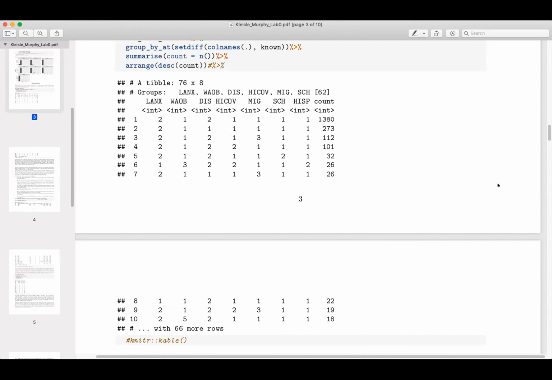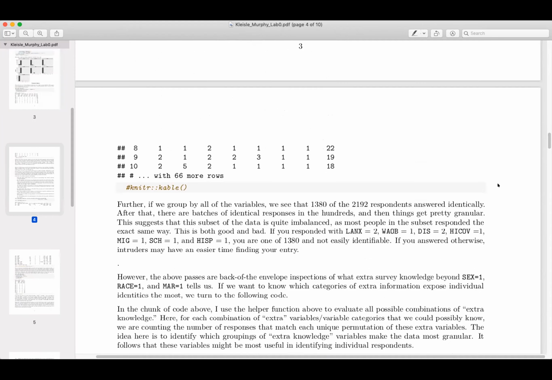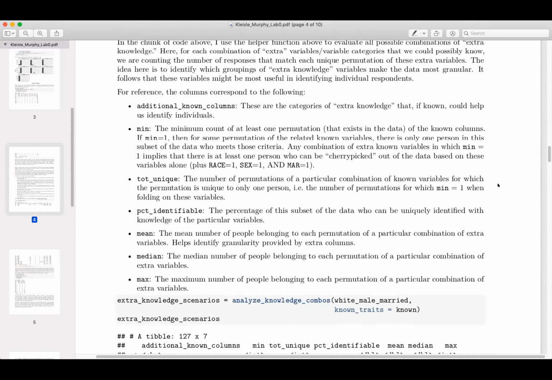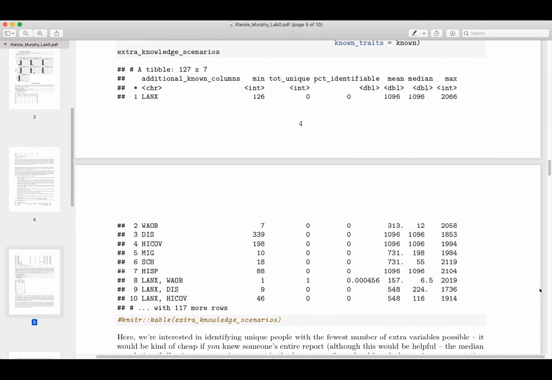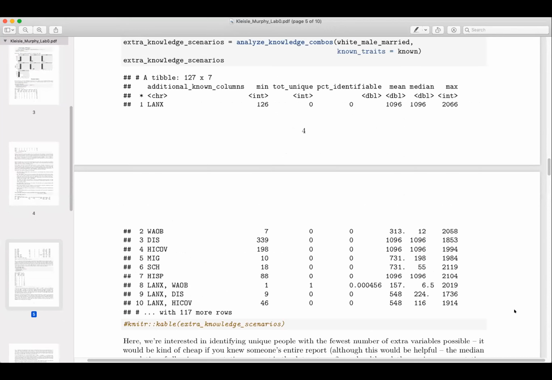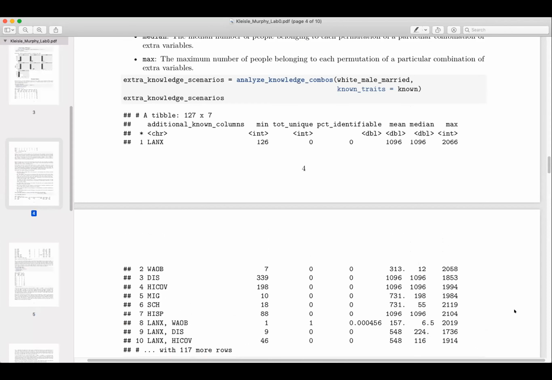So there's that. If you keep scrolling down to the next table at the bottom of page 4, I guess the full table didn't print, but I wrote a function that took every combination of columns, and those combinations represented the extra variables you could possibly know.